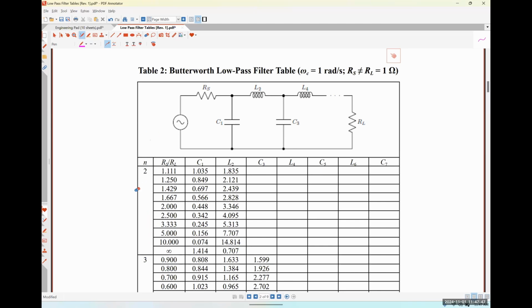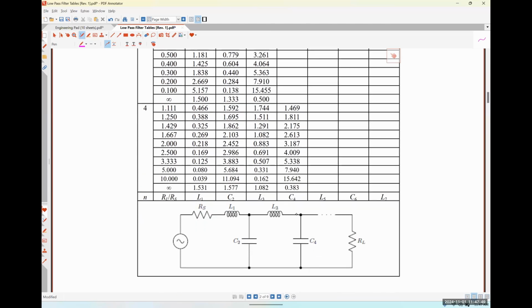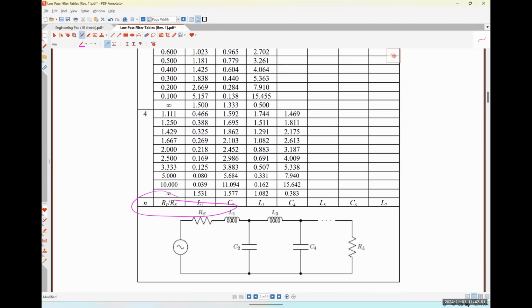If I scroll down to the bottom here, you'll see the extra note telling us that, looking at it going up, these ratios are RL to RS. Realistically, we just want to use the entry on the table that is closest to the situation we actually have, because we can't do this for literally every possible combination. The table would be too large.